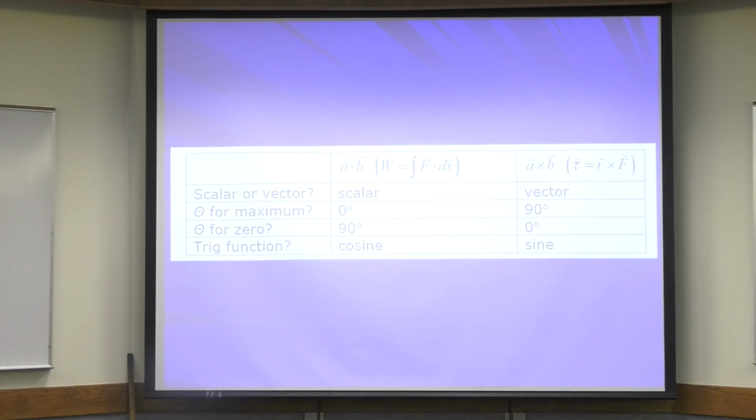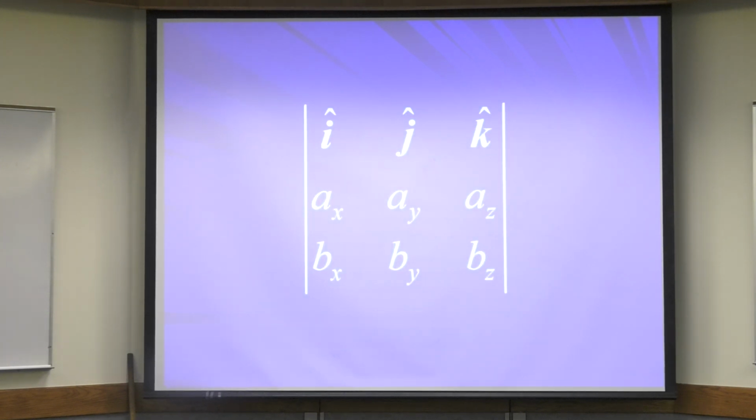Okay, now, I still haven't told you how to evaluate it. Okay, all right, so I want to get the magnitude and the direction. I have two vectors, right? Remember, torque is R cross F. Two vectors.